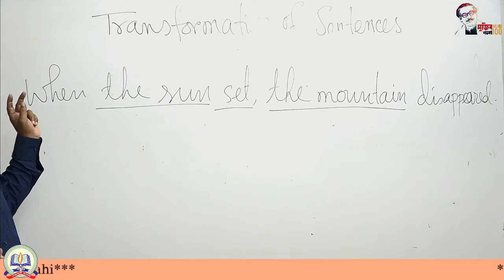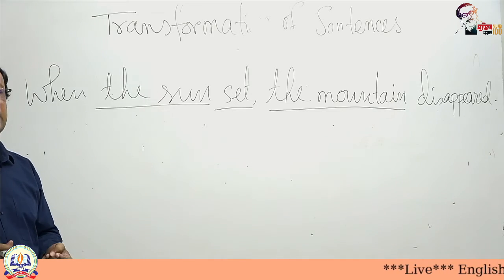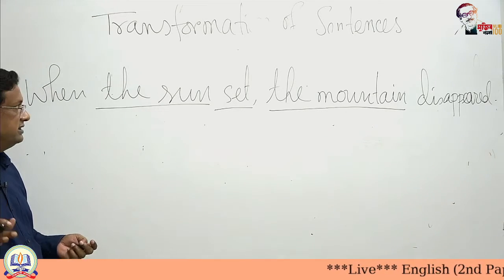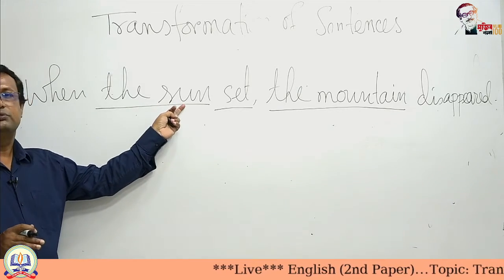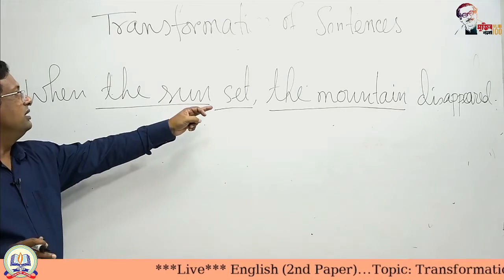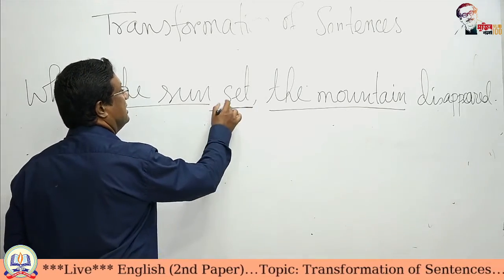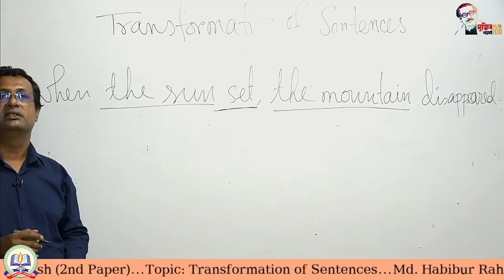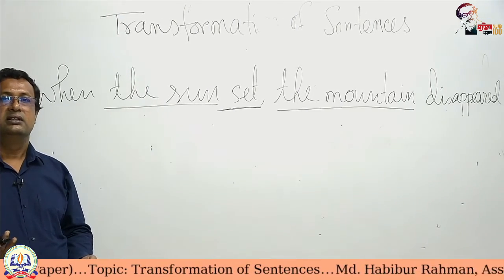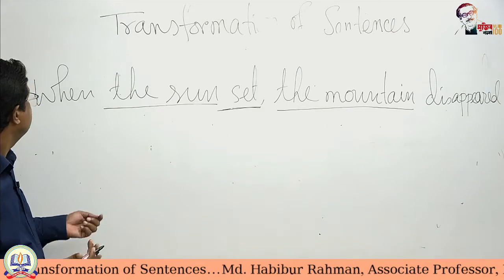However, as the subjects are different and the verbs are different, it is better to use a prepositional phrase. So I can change this clause into a noun form. I can change the verb set. What is the noun of set? Set. They are the same in spelling.